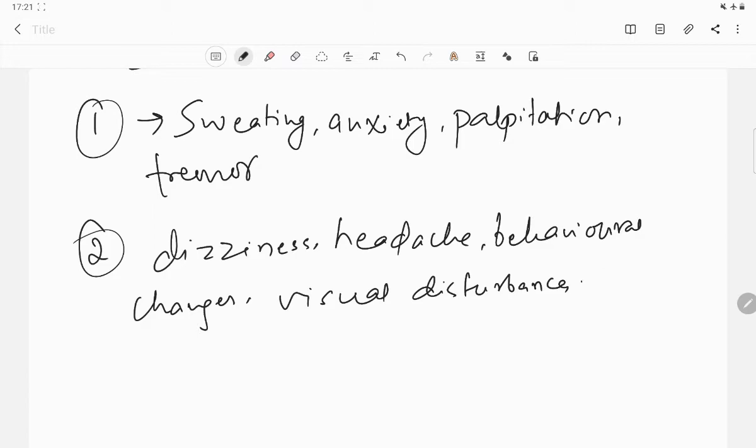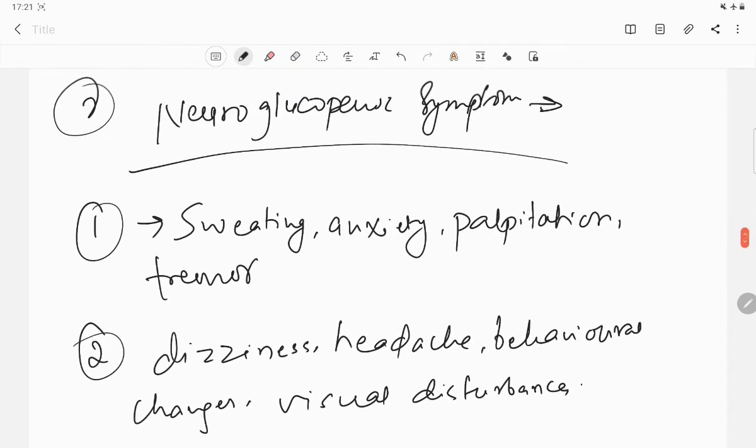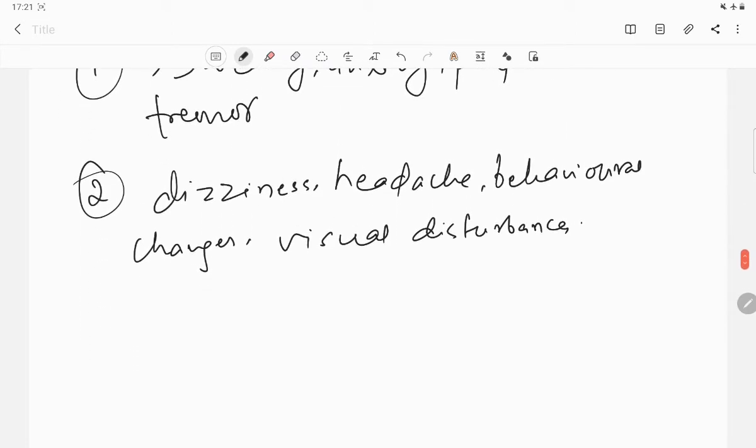These neuroglycopenic symptoms can progress if not treated in time. Seizures and coma can occur.